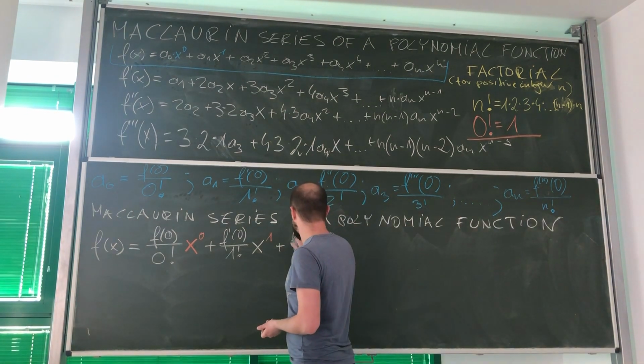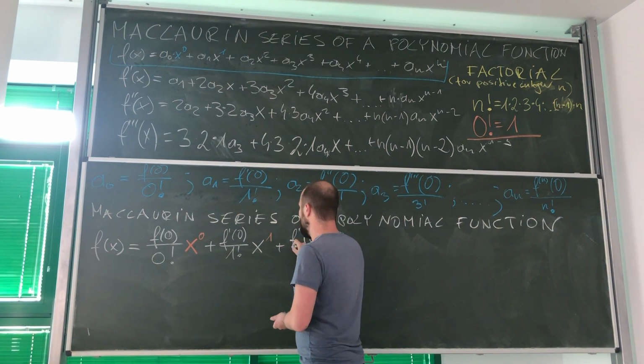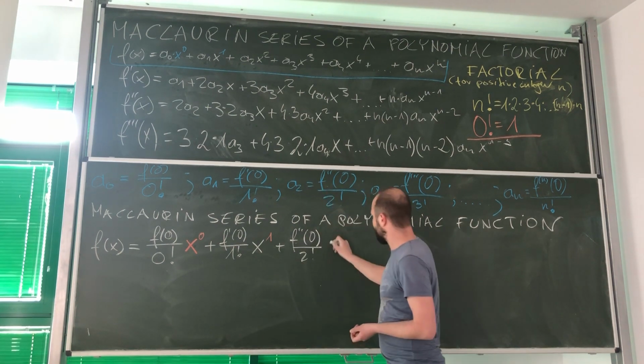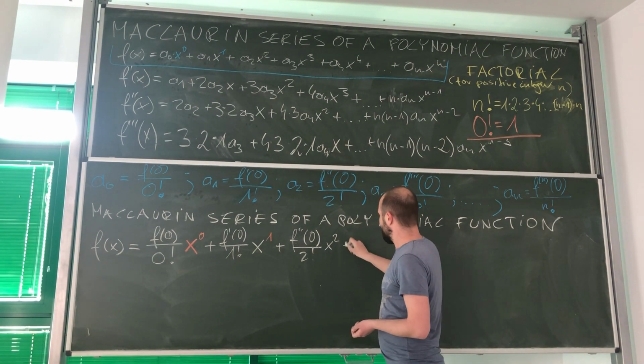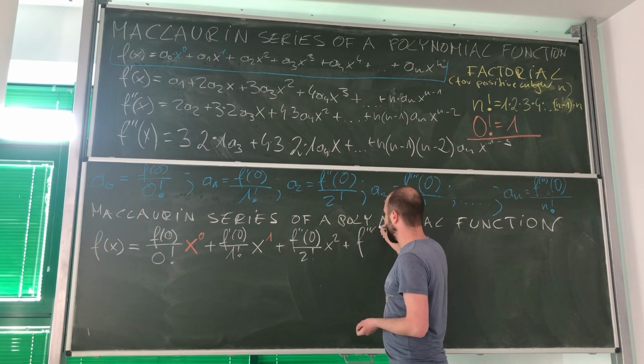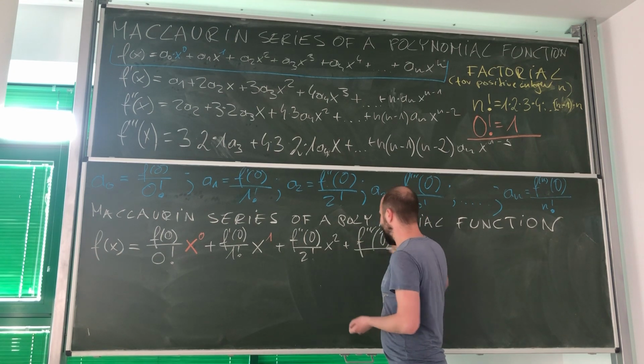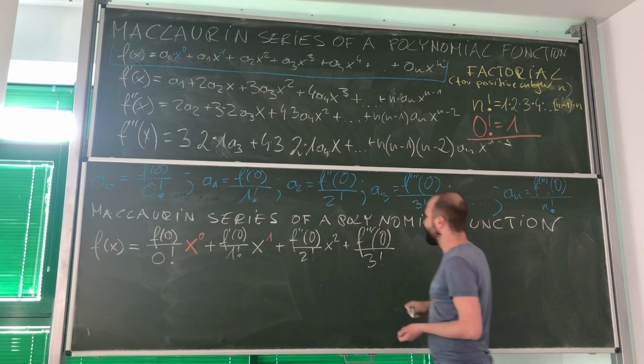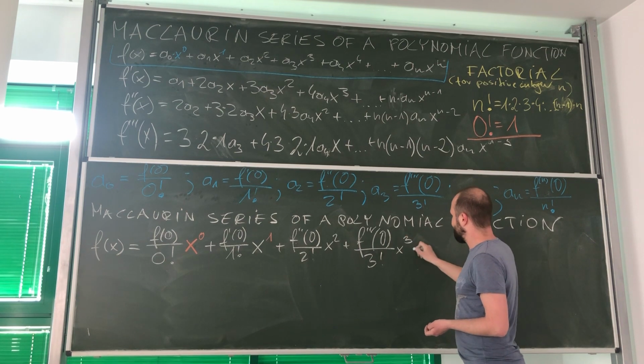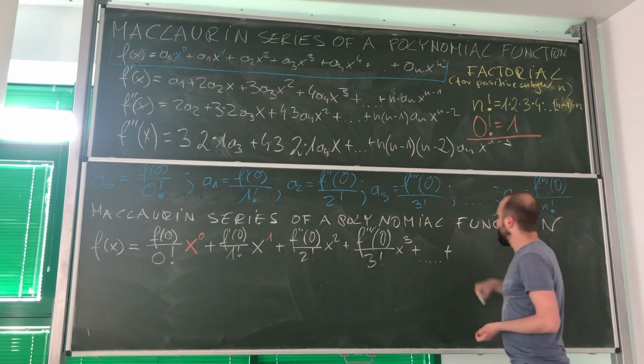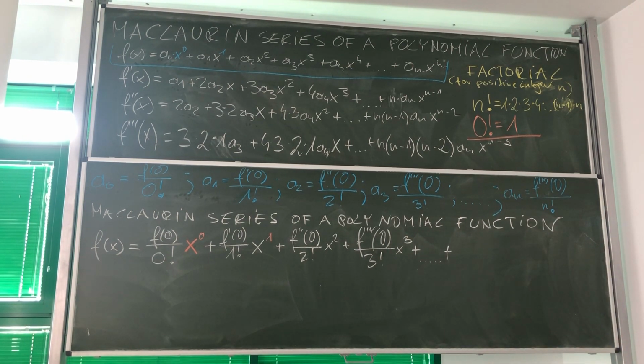What will we have next? f double prime of 0 over 2 factorial x squared. Then the third derivative evaluated at 0 over 3 factorial x cubed. And where do we finish? Look, of course, the last component is component n.